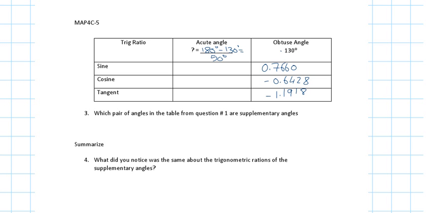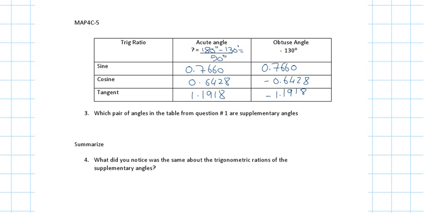So they're going to be the same answer, but positive for all ratios. Okay? So what we're going to do tomorrow, we're going to explore why that is. Why is it positive if it's an acute angle, and why is it negative if we have an obtuse angle?